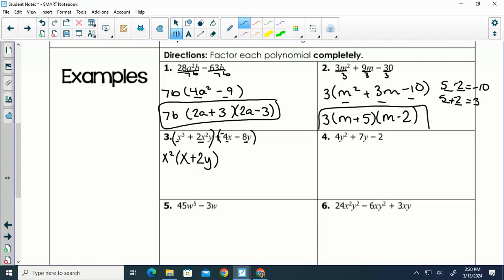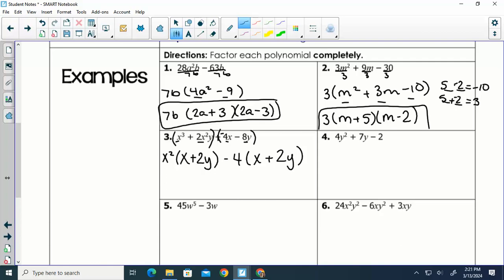So we can take out a 4. Now, if I take out positive 4, do these parentheses match? No, negative 4. Okay, got to take out that negative 4 so that they match. That gives a positive x plus 2y. Everything works if these parentheses are the same.